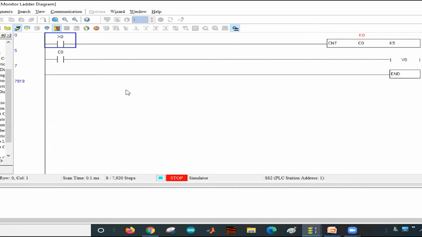This type of counter should not be used in a production industry to count the number of products produced per day. In that particular case, you have to compulsorily use latched counters. Even though the power supply is gone, the latched counter will store the previous value, and whenever the power supply comes back, it will count from that value itself. Okay.